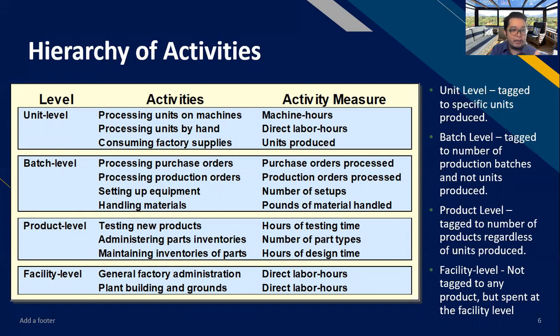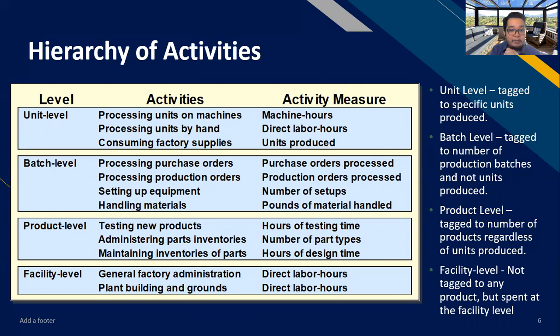Examples are these three. When you process units on machines, that's an activity, processing time in terms of using machines, so the measure there is machine hours. Then processing units by hand, measured in labor hours, and consuming factory supplies.